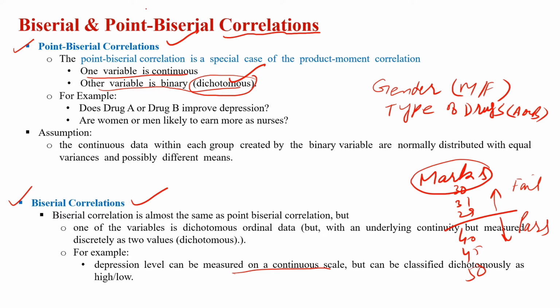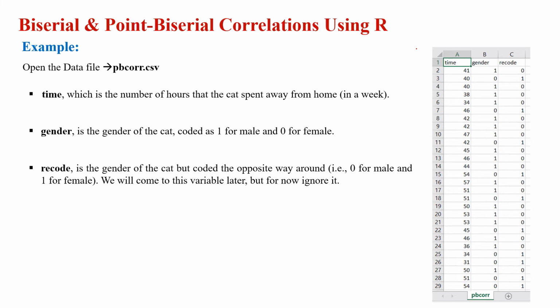But the main point is that the point biserial correlation is a special case of the product moment Pearson correlation coefficient. So let's see what kind of data we are going to use, and then we will discuss how we can implement them using R, as well as how we can interpret the results.